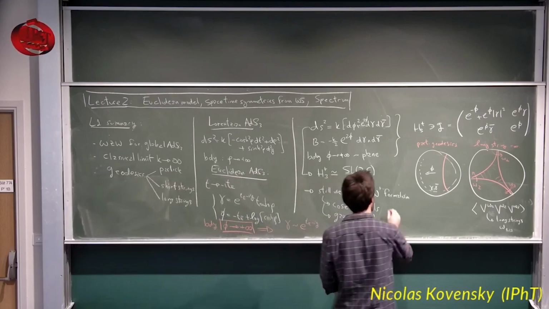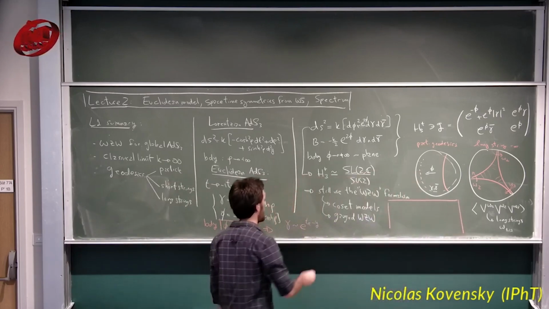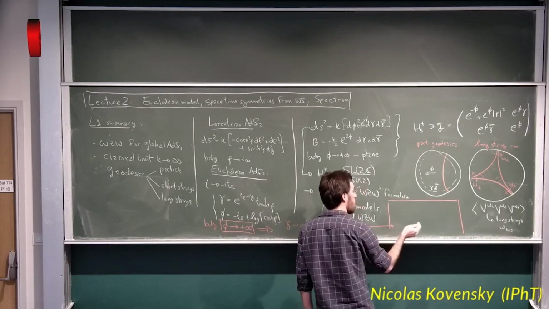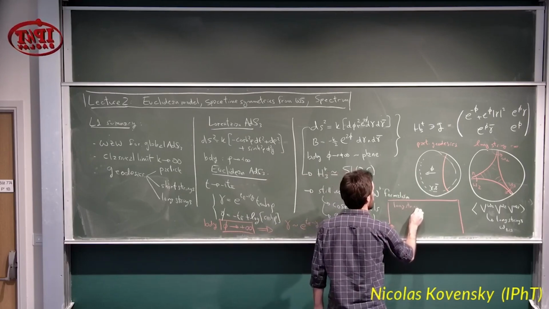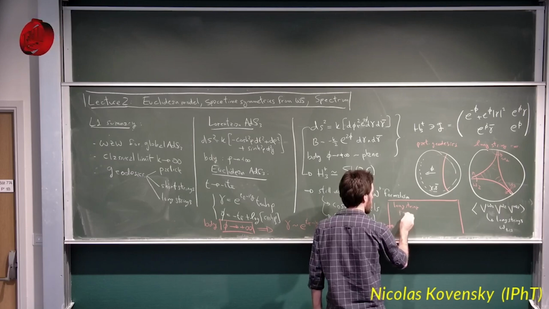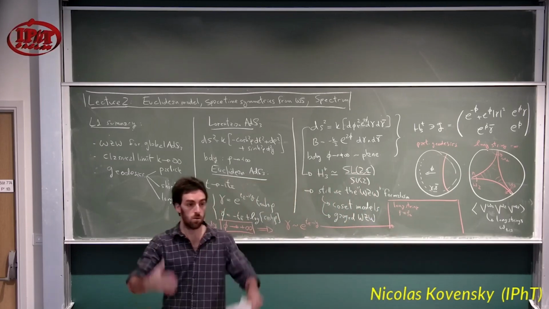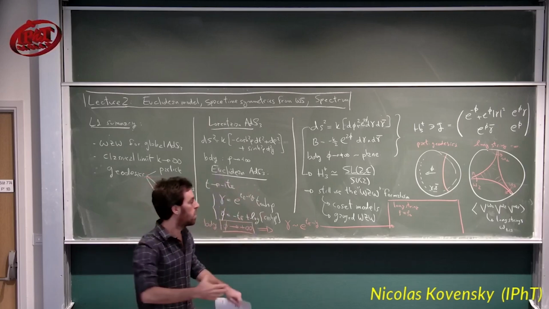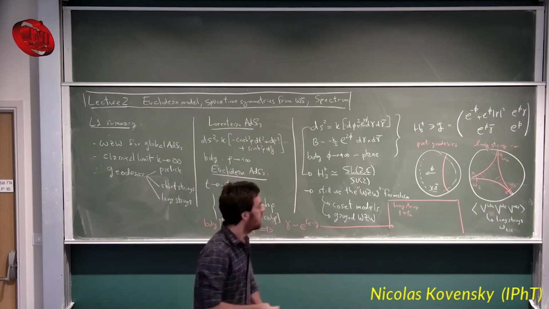And maybe one more useful comment: near the boundary, if I think about a long string, remember the simplest solution, which was a long string at constant radial distance, right? So just a cylinder basically inside of AdS.